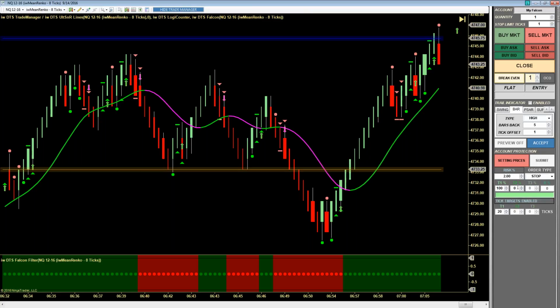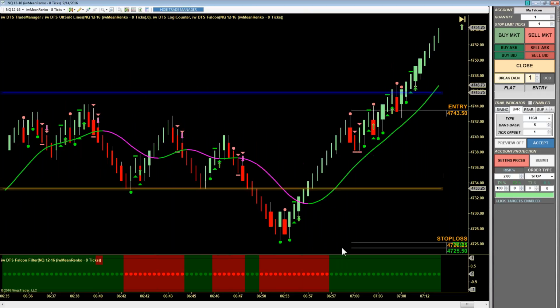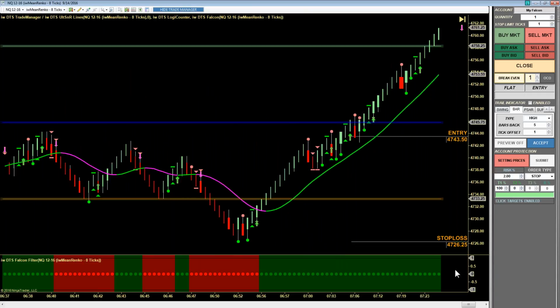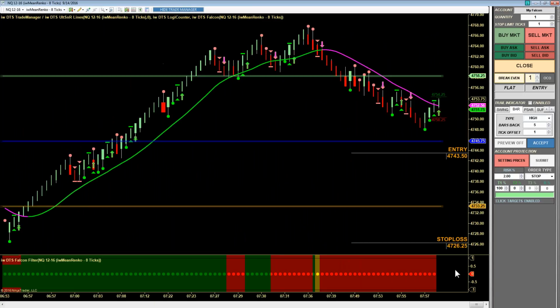Oh, by the way, you can preset up to 3 targets and a runner. You can preset your profit objectives here. You can also click your targets. So that's what I'm going to do here. So we enter here, we place our stop loss down there. He's still long on the day. Oh, he's pretty much up to break even at the moment. A little better than.